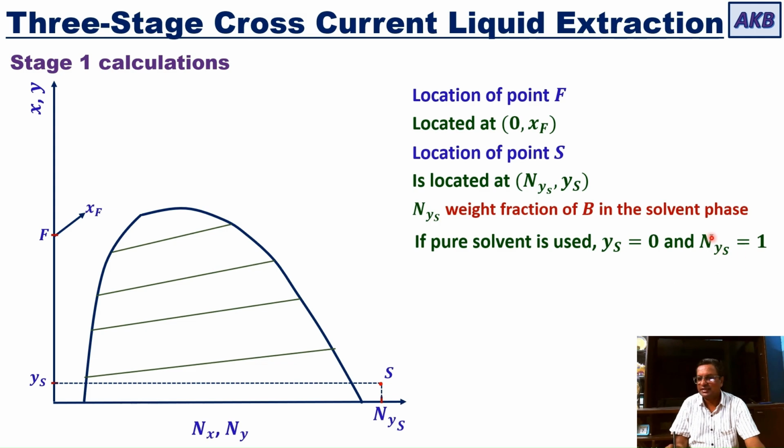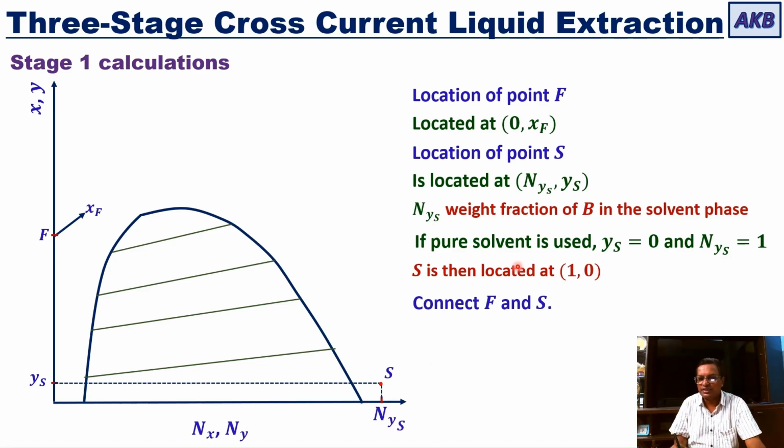So in that case, NYS will be equal to 1, because there will be no A in it and no C in it, only B. Therefore, S is located at (1, 0). That is, it is located on the x-axis.